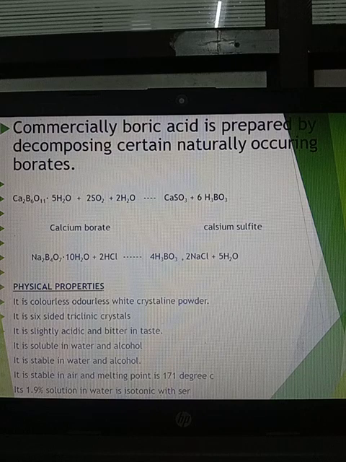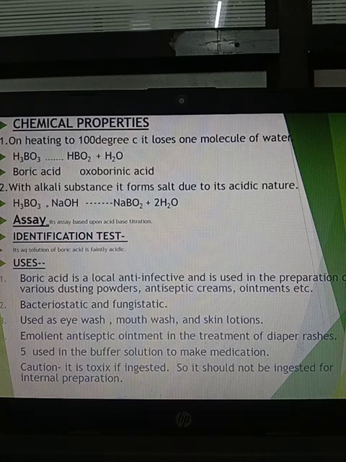Coming to the physical properties, it occurs as colorless and odorless crystalline powder, slightly acidic and bitter in taste. It is soluble in water and alcohol, and it's stable in air. Melting point is 170 degrees centigrade.